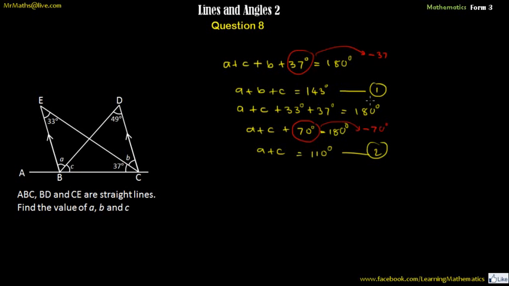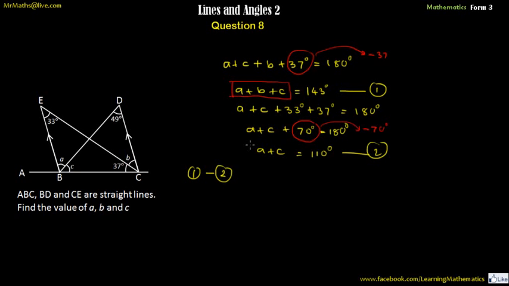So we have 2 equations already. We can find the value of B now. Why? Because in equation 2 we have A plus C over here, and in equation 1 we have A plus B plus C. So what if I do this? Equation 1 minus equation 2. What will happen? Take a look at the left hand side.